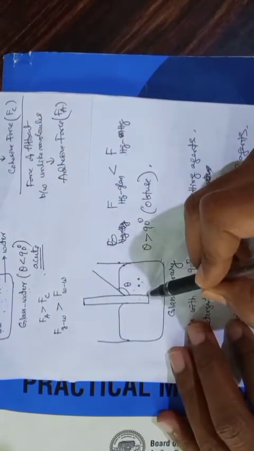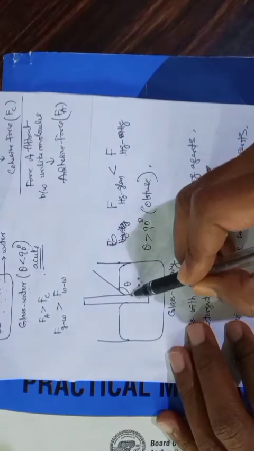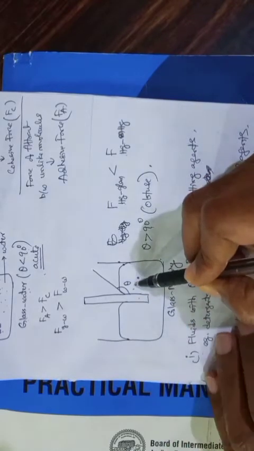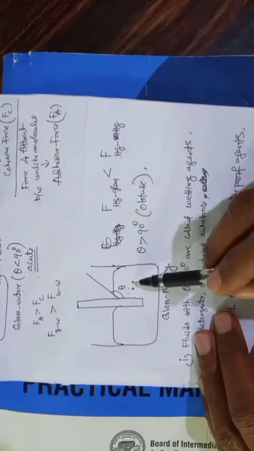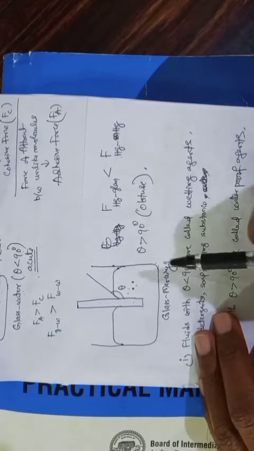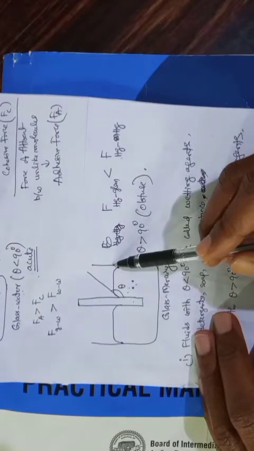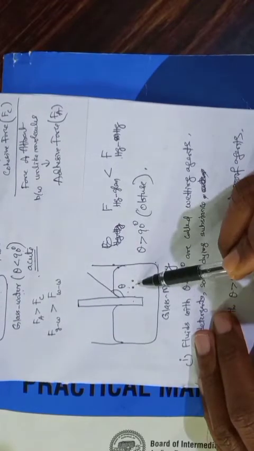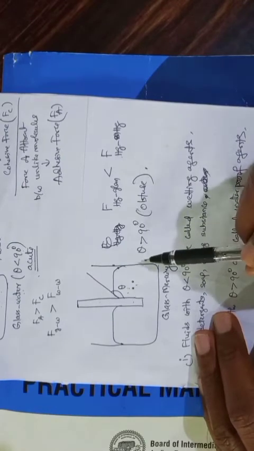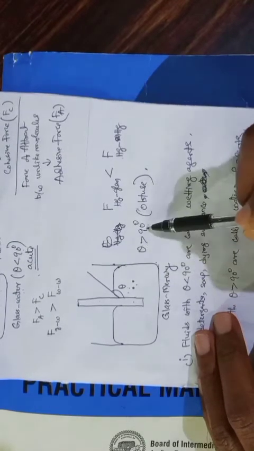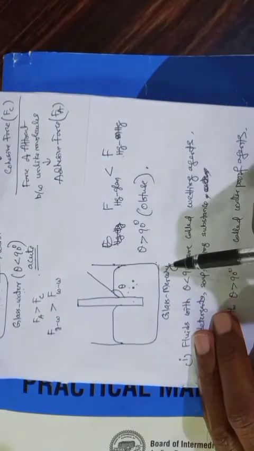This is the glass surface inside the liquid and this is the tangent, and the angle between these two is greater than 90 degrees. Here you get an obtuse angle. So when the adhesive force is less than the cohesive force, we get an obtuse angle. When the angle of contact is more than 90 degrees, the fluid doesn't wet the glass.